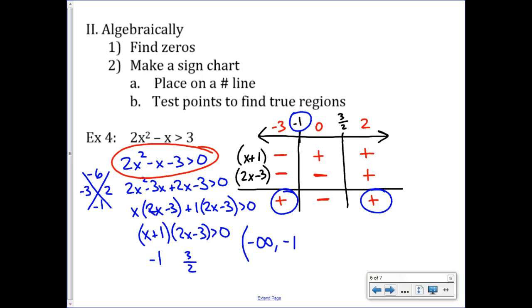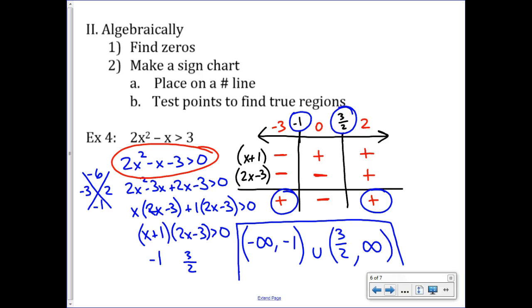You know we don't include -infinity. Since it's just a greater than sign, not greater than or equal to, we also don't include -1. Then we look at our other side, and so 3/2 is our other 0, all the way up to positive infinity. So there's our answer for this one.